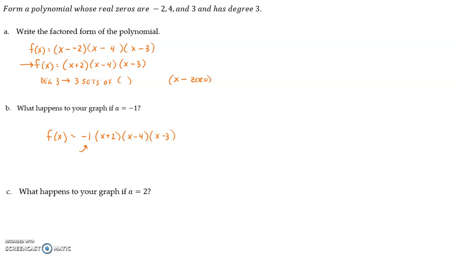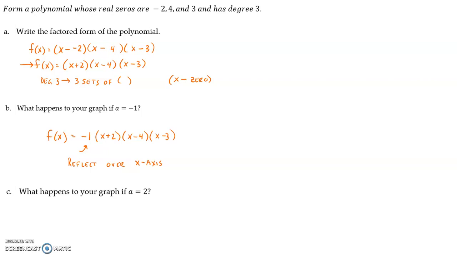This is going to cause a reflection over your x-axis. So it's going to turn your graph upside down. Your x-intercepts or your zeros are not changing at all, but your graph would be upside down. And you can go ahead and type that in to Desmos, and you can go ahead and try it on your own so that you can see what it looks like.